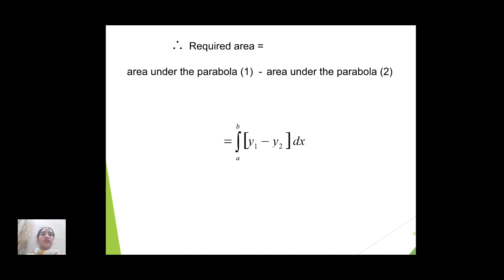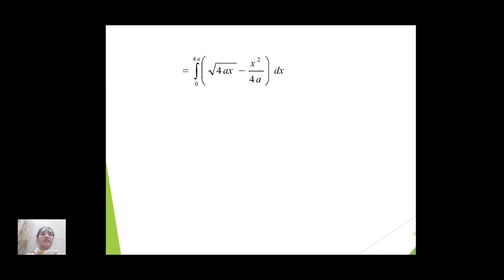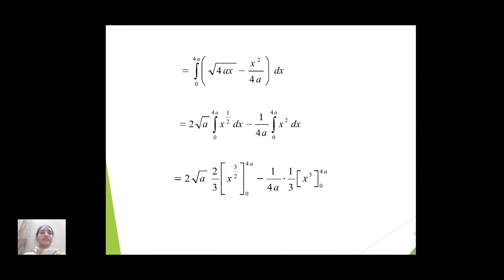So integral a to b of (y1 minus y2) dx: integral 0 to 4a of square root of 4ax minus x square by 4a. Root 4a means 2 root a, that is constant, 2 root a into integral root x dx, then we get integral x power 1 by 2, minus 1 by 4a, also constant, integral 0 to 4a x square dx.